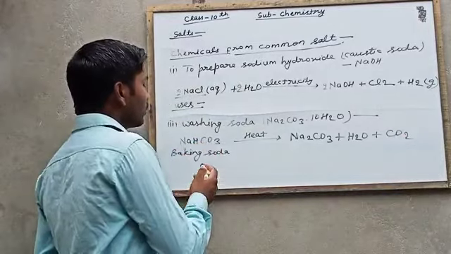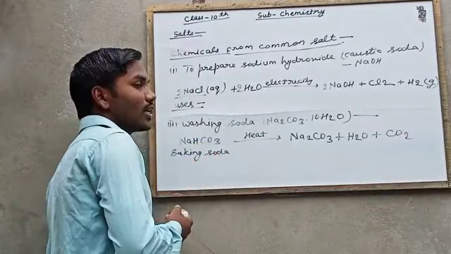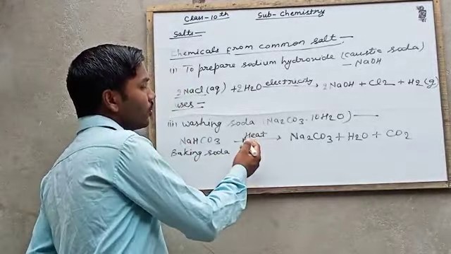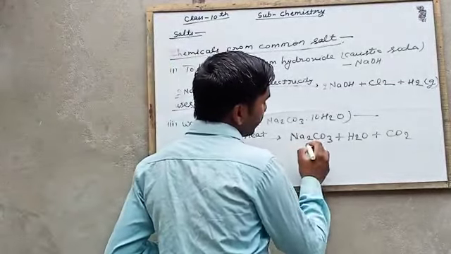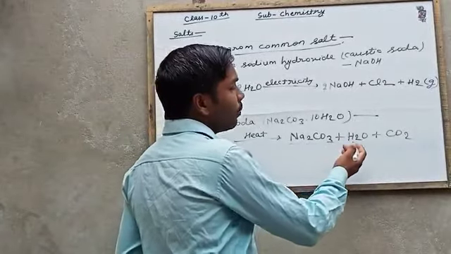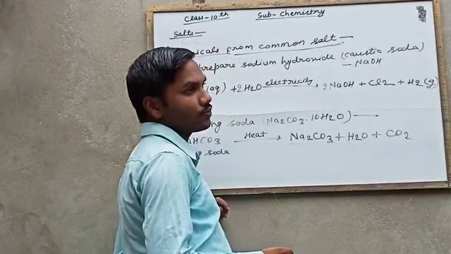When we heat sodium bicarbonate or baking soda, this soda we eat, so we get sodium carbonate Na2CO3 plus H2O plus CO2.